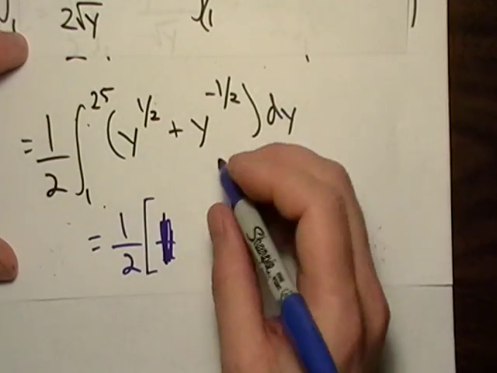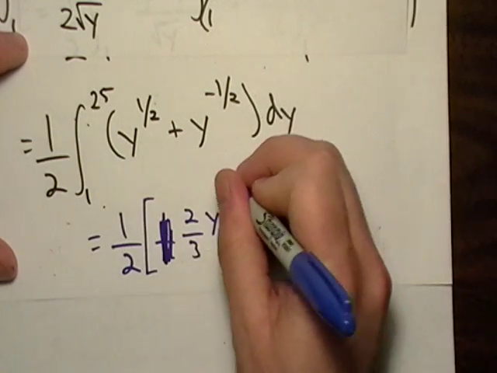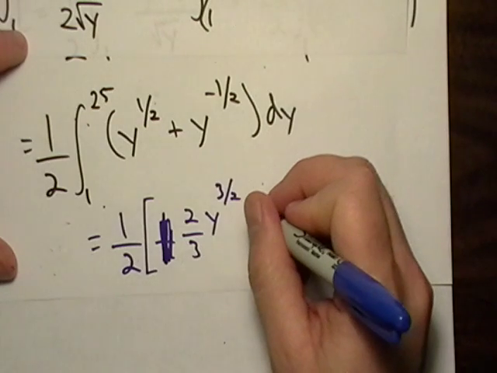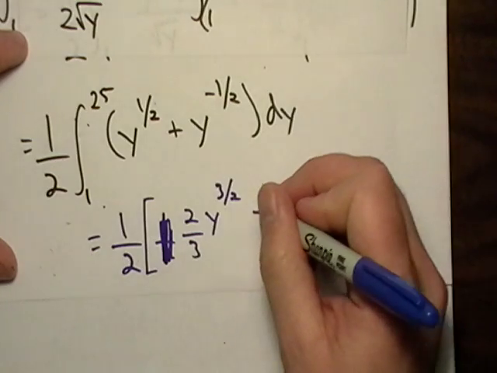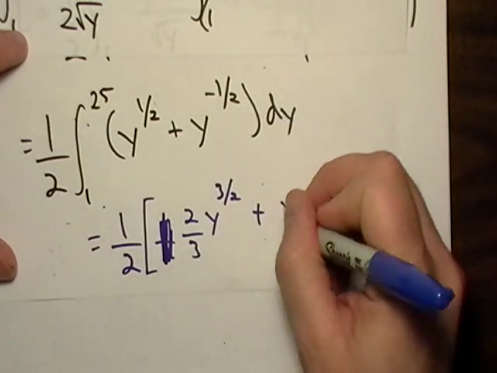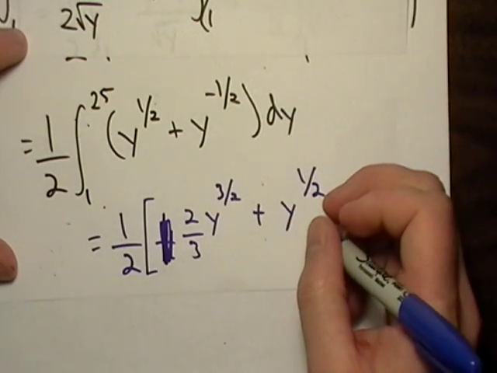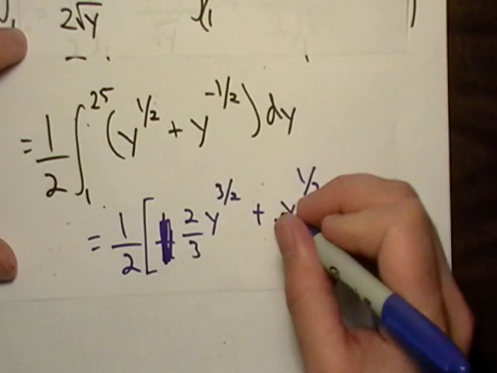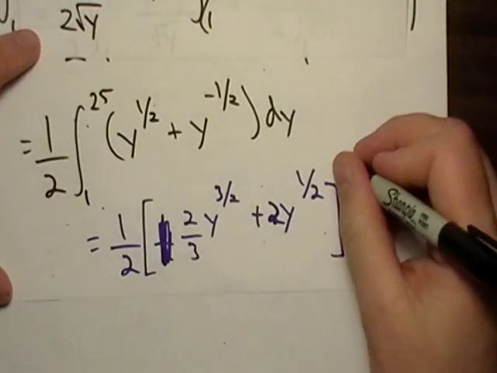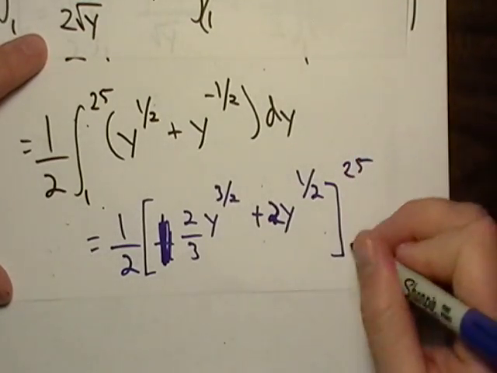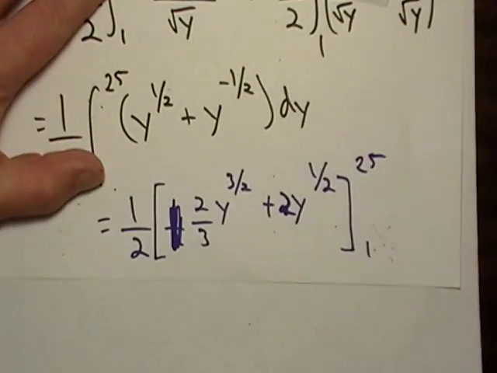That is 3/2, minus... Sorry, I had a brain malfunction there for a minute. Oh god, okay. I forgot what I was doing.